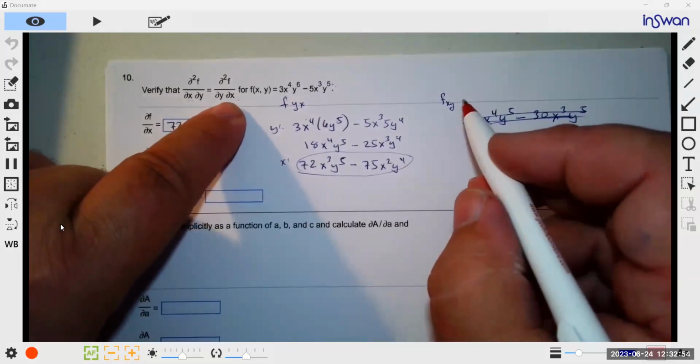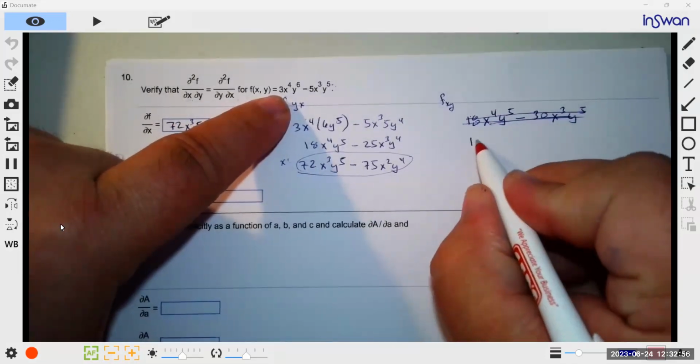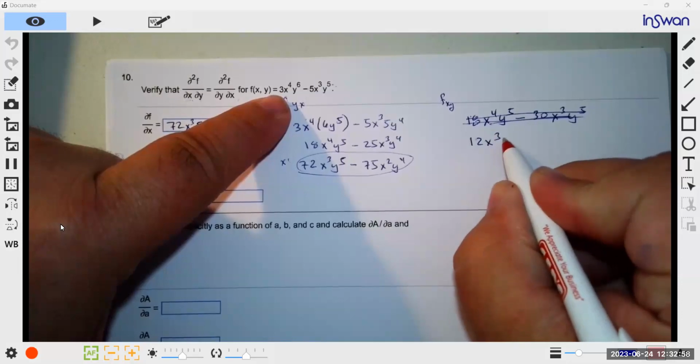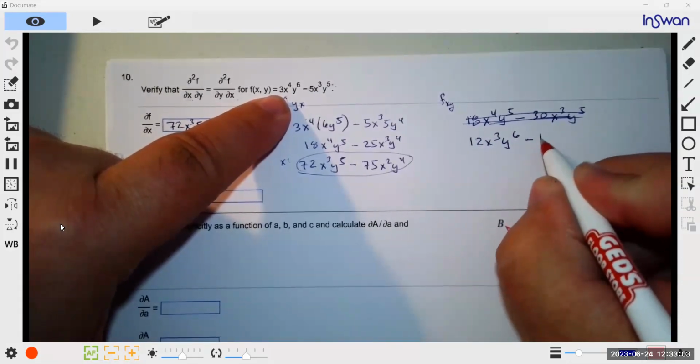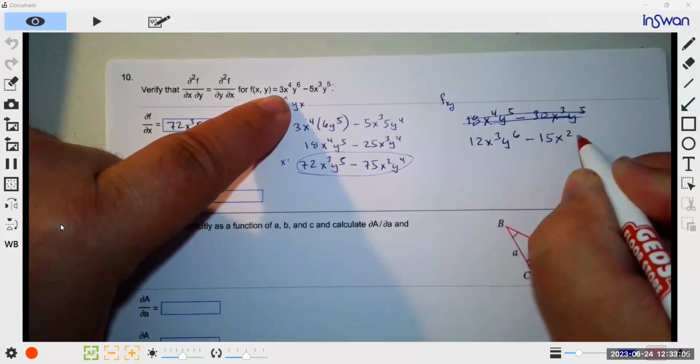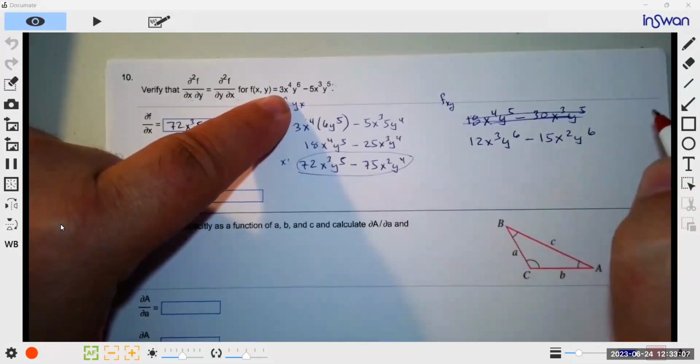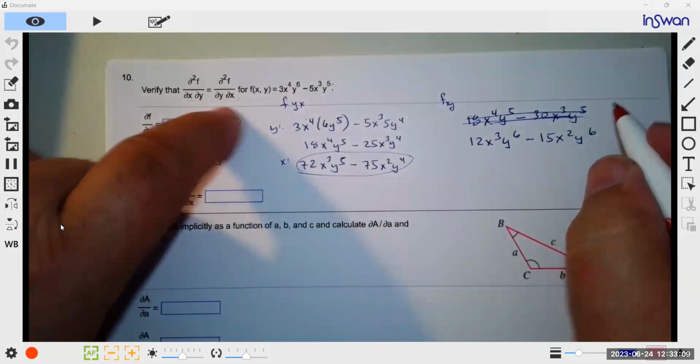Let's just do x first. So it's 12x to the third, y to the sixth, minus 15x squared, y to the sixth.